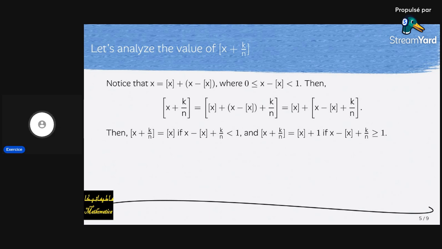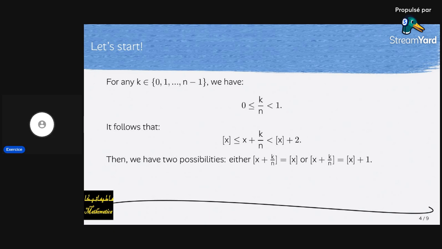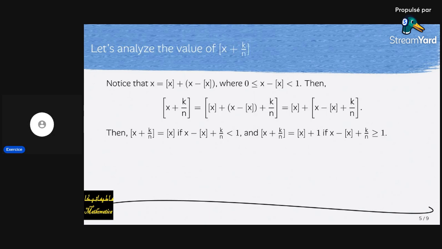So we have this value of the integer part of x plus k over n. We should analyze when it will be equal to the integer part of x and when it will be the integer part of x plus 1.